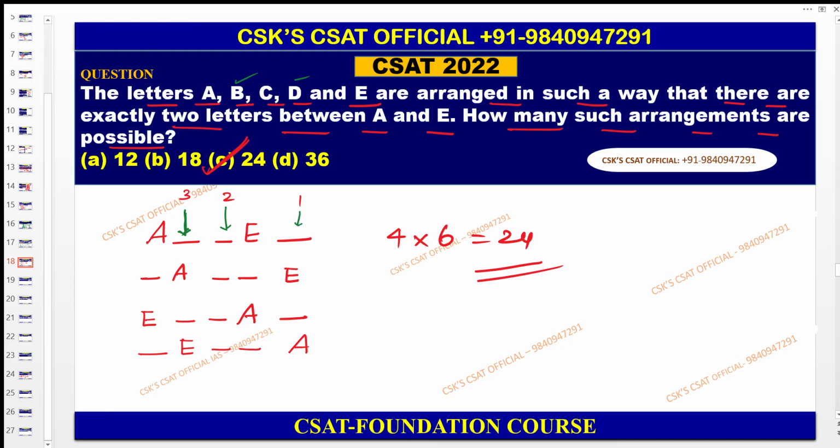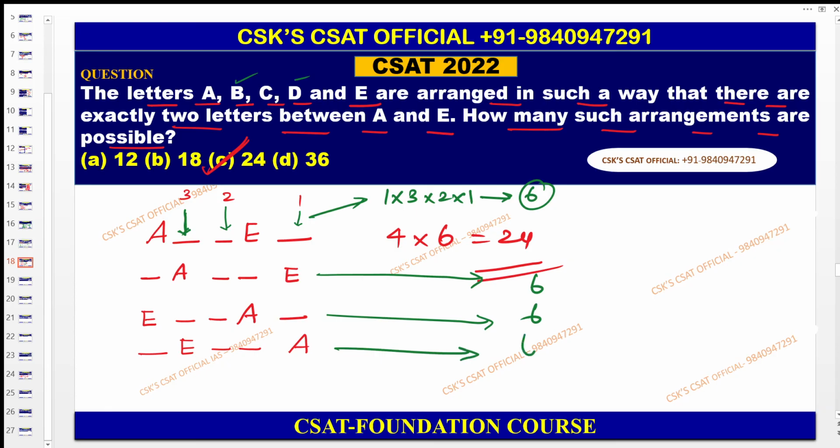So the first case here is 1 into 3 into 2 into 1, which is equal to 6. The second one is 6. The third one is 6. The fourth one is 6. The total here is 24. This is also fine. If you are doing the cases manually, that is also fine. Getting it? Okay, fine. Next.